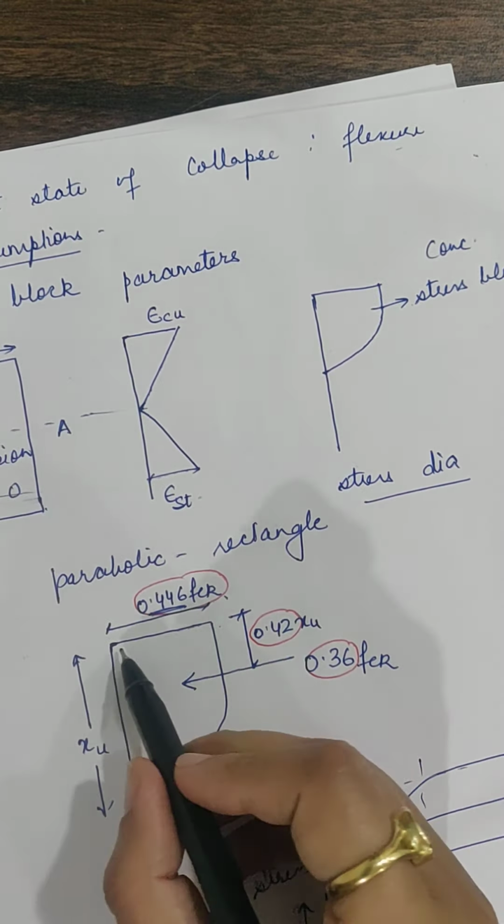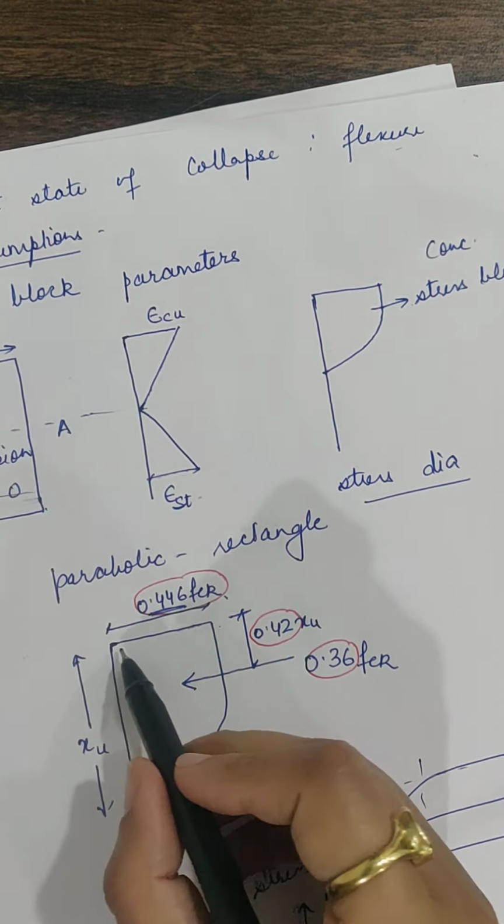Now I am basically talking about from where do I get this number. For this I need to find out how much is the area of this block. That is, I want to find out the area of OABCD, where this is the parabolic portion and this is the rectangular portion. So it will be nothing but the area of the parabolic part, that is OAD, plus the area of the rectangular part.